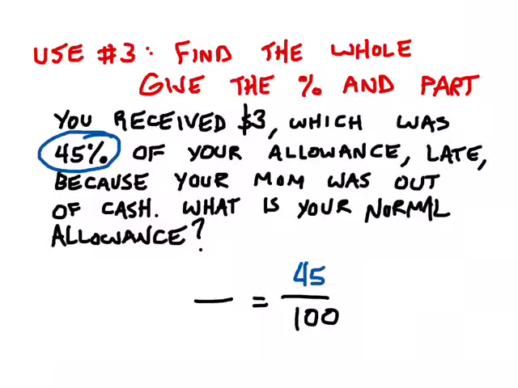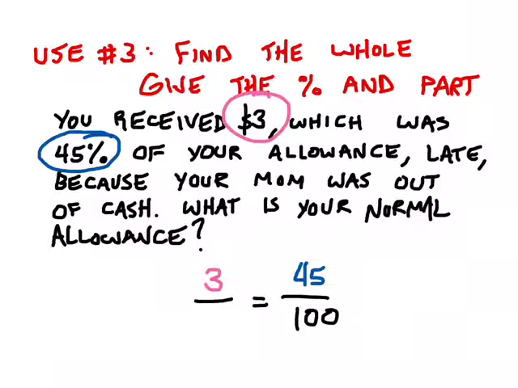So I received $3, which was 45% of the allowance. The thing that immediately occurs to me is that it really doesn't sound like I got my whole allowance. So $3 was part of a larger amount that I should have gotten. So 3 is the part. 3 is my part of my allowance. And that leaves the whole missing.